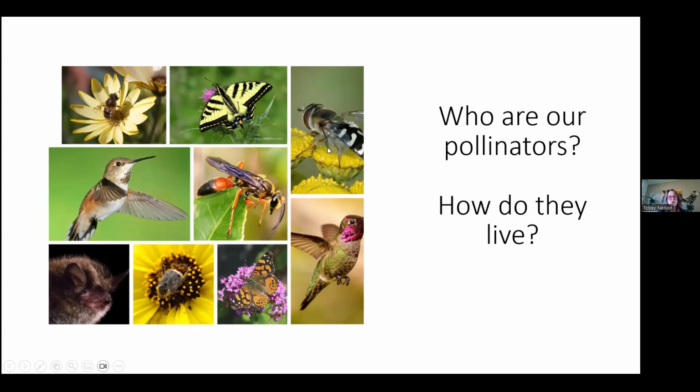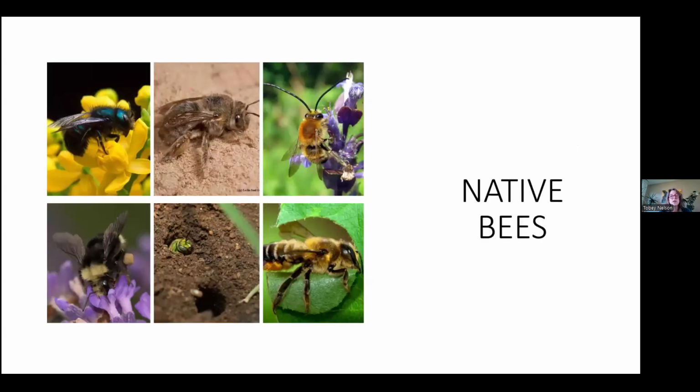Butterflies, hoverflies, hummingbirds, wasps, bats, sometimes random beetles are pollinators as well. So we need to think a bit broadly about that in our gardens. And we really need to consider the life cycle of the critters because their needs change with different phases of their life cycle.